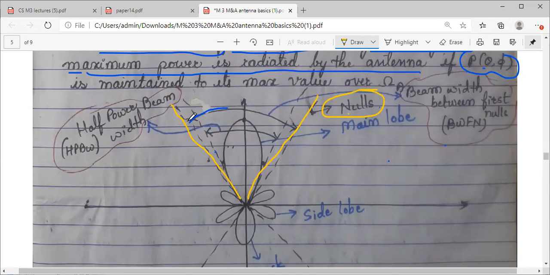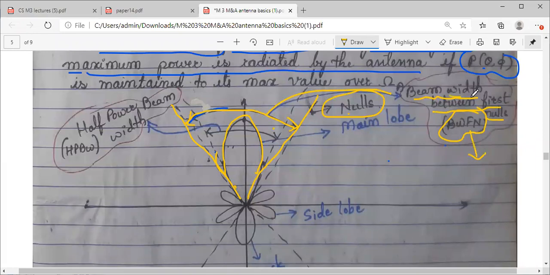And between these two nulls, whatever area is covered, I have not touched it here, but whatever area is covered, that we call beam width or beam area between first nulls. That is in short BWFN. This will be used in problems and further concepts.